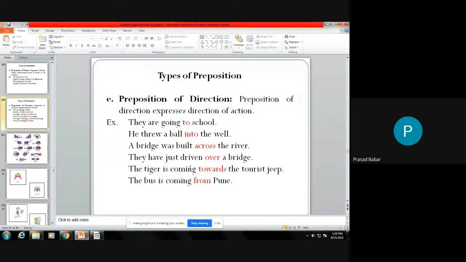The meaning of in is different and the meaning of into is different. Here into works as a preposition of direction, in the direction of the well.